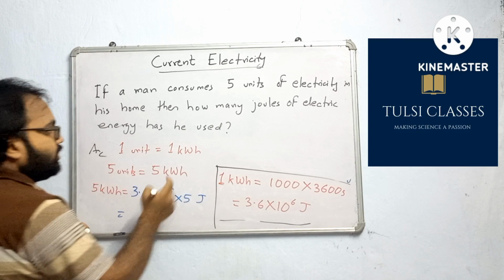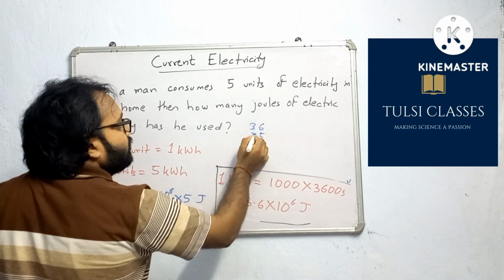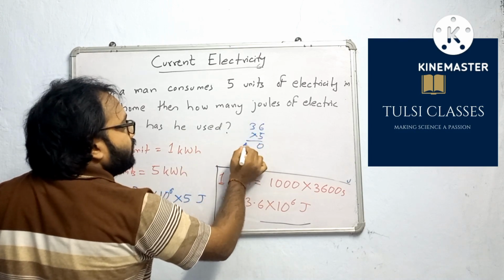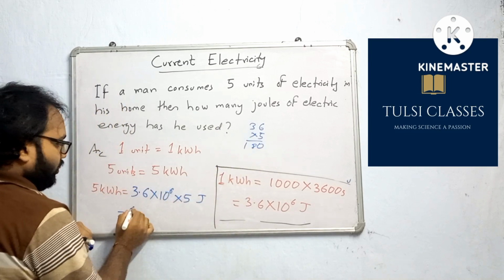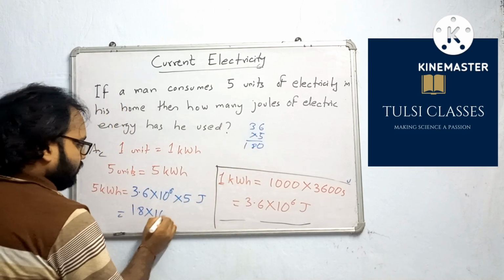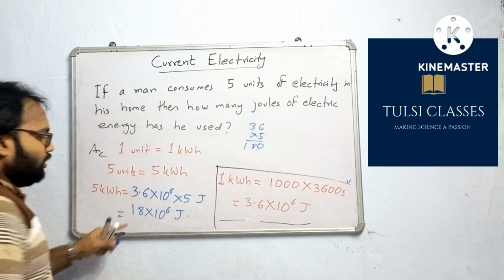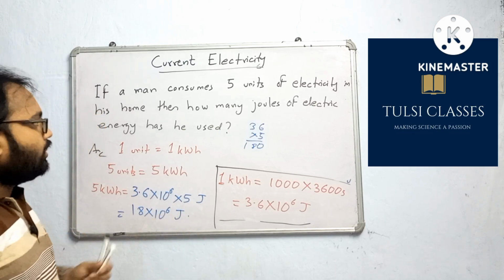Calculate it, 36 5s are 180, so it becomes 18 into 10 raised to the power 6 joule. This is your answer that you will get.